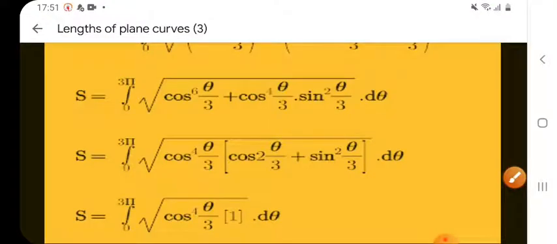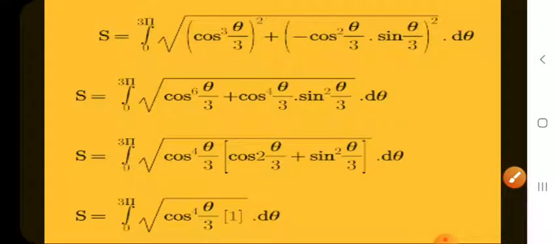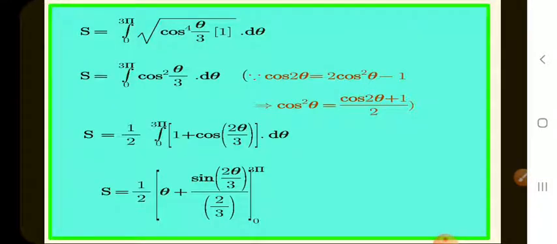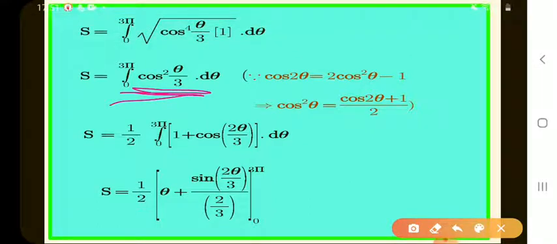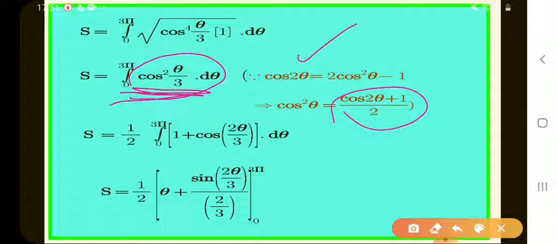Okay, after substituting all these values, what do we get here? Cos square theta by 3. Now I change the cos square theta by 3 in terms of cos theta. So I write the formula of cos 2 theta. What is the formula of cos 2 theta? 2 cos square theta minus 1.